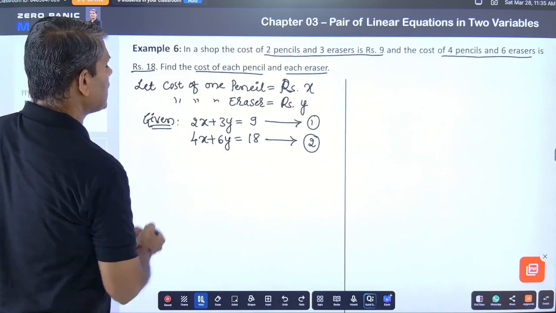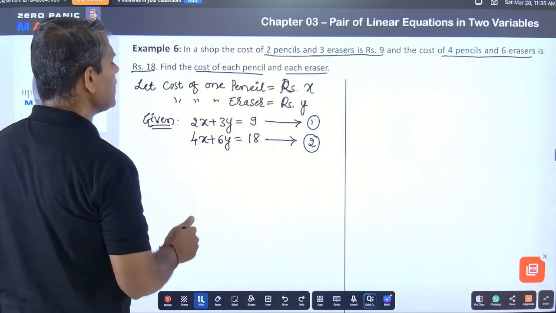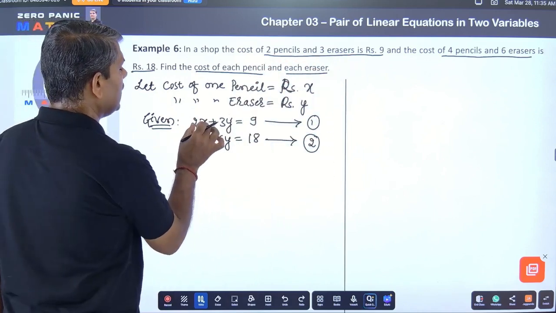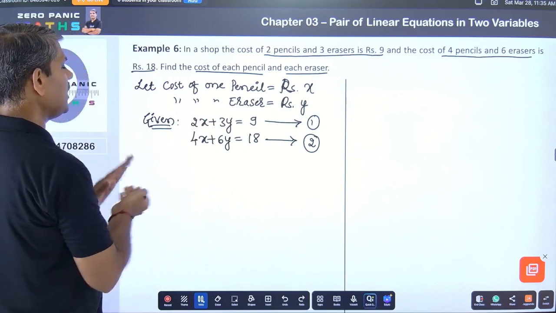Now let us resolve this and follow the substitution steps. The first step is to define variable x in terms of variable y by considering any of the equations.